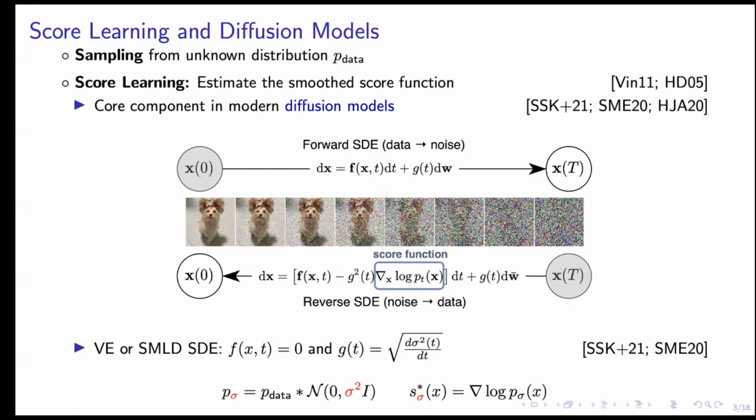Specifically, at some time t, if the injected noise has magnitude sigma, then the ground truth distribution P sigma is simply P data convolved with a Gaussian with variance sigma squared. The corresponding score function is the gradient of log P sigma.